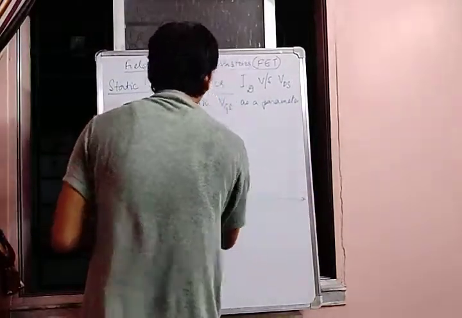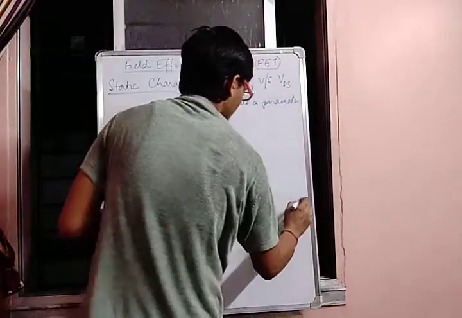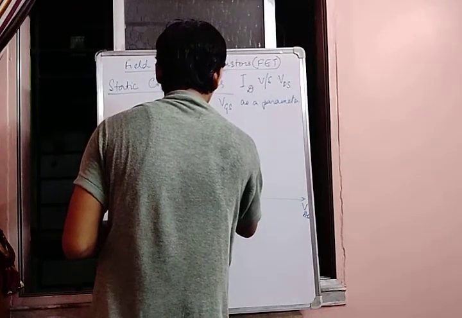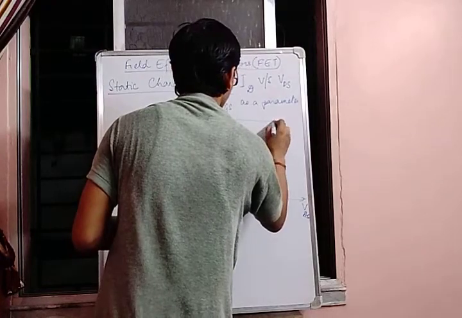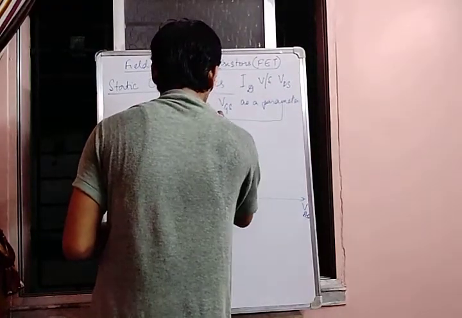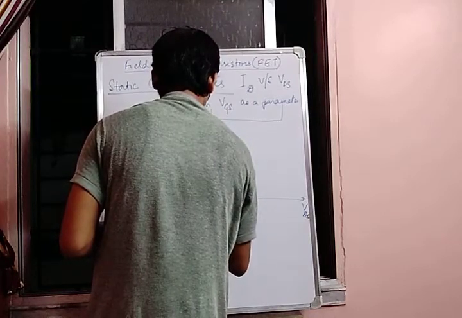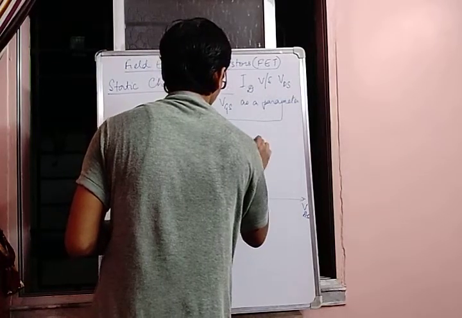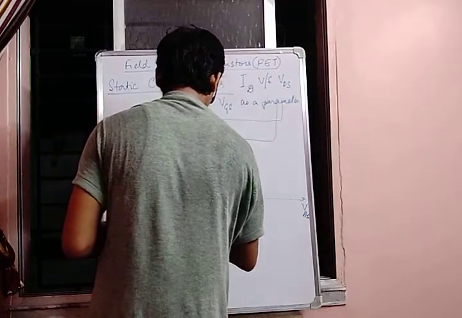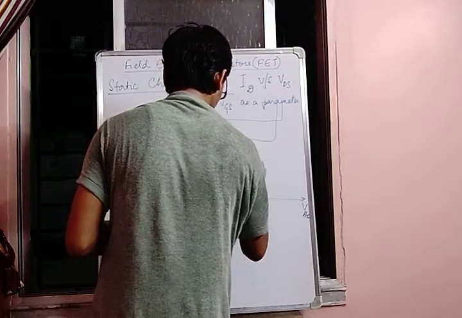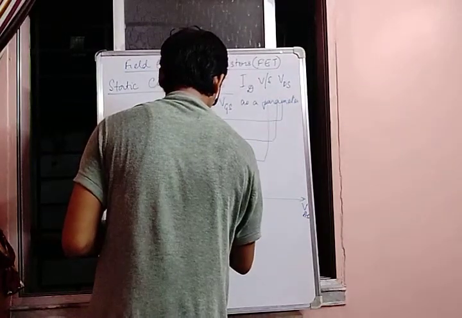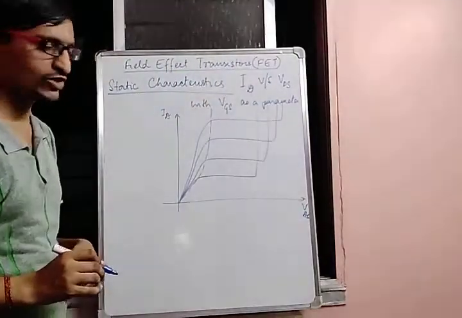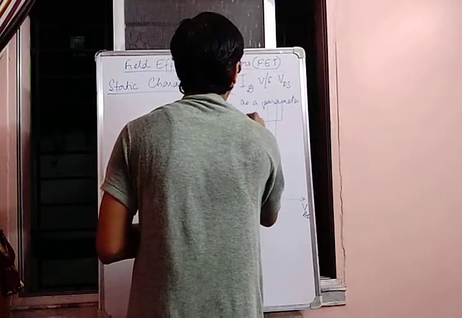Say if we draw the characteristic for an N-channel type JFET, then it will look somewhat like this. This is ID and this is VDS. Say this is the curve for VGS equal to 0 volt.